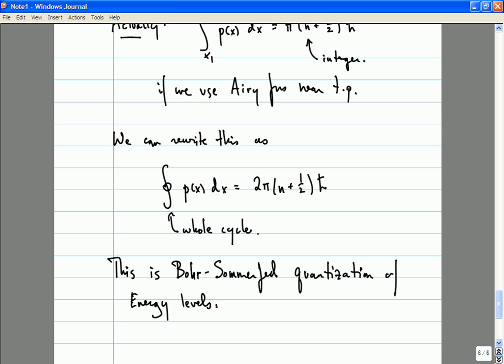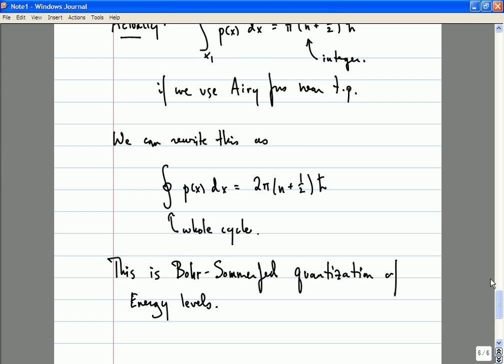It leads to, among other things, the quantization of angular momentum in units of h bar. And it's really lovely because it allows us to develop a semi-classical intuition for the states of a quantum mechanical system.